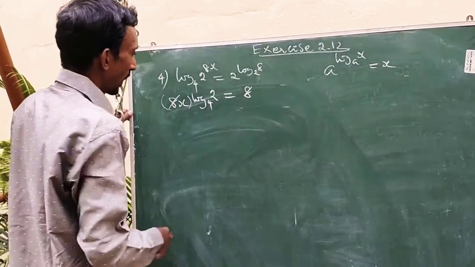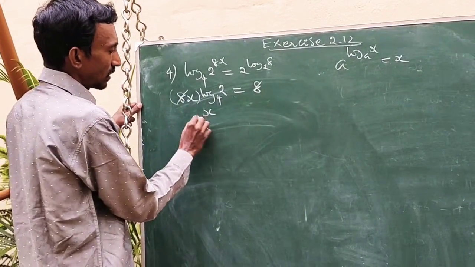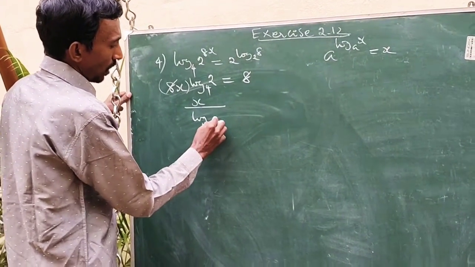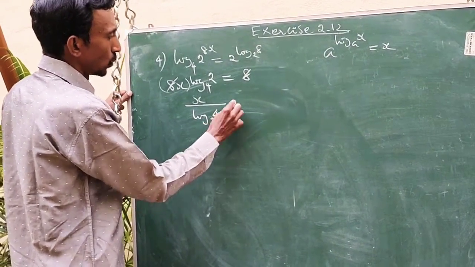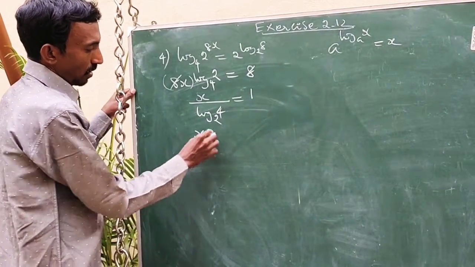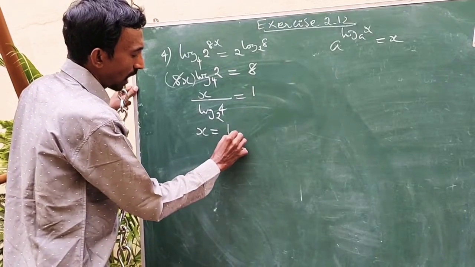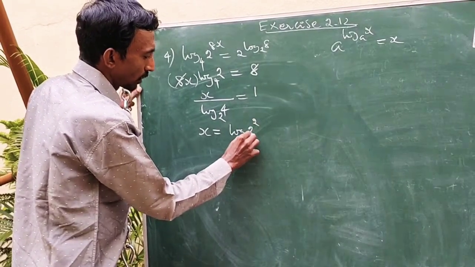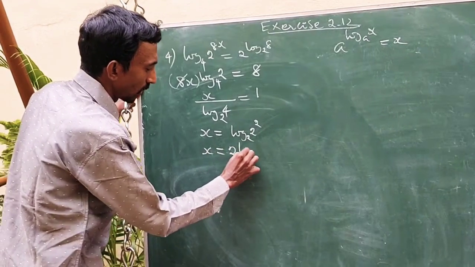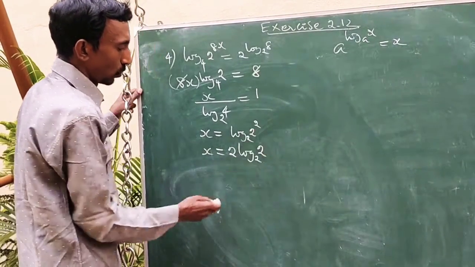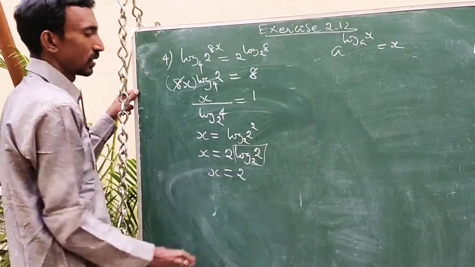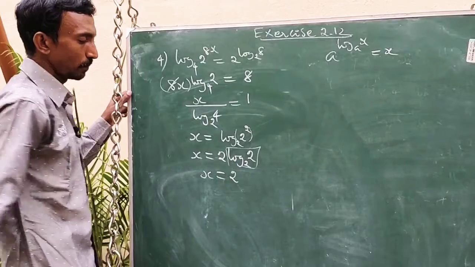This 8 cancels. So it can be written as x by change of base rule, log 4 base 2 equal to 1. So x equal to log 2 square base 2, cross multiply. So x equal to 2 into log 2 base 2. It is 1 again. So x equal to 2. This is the answer.